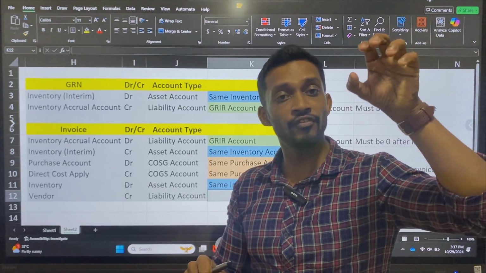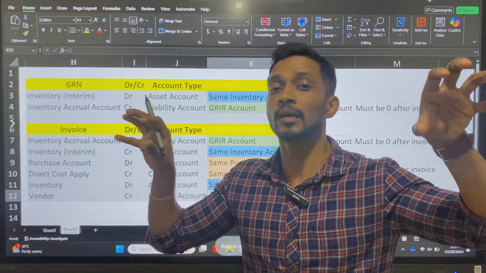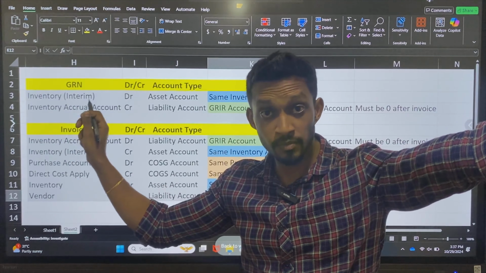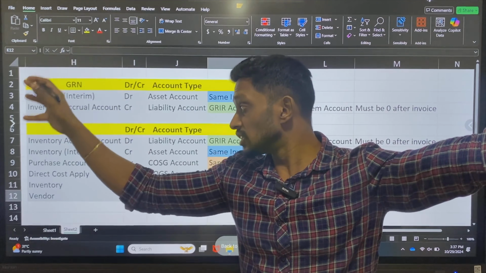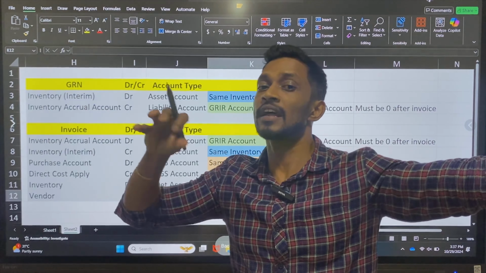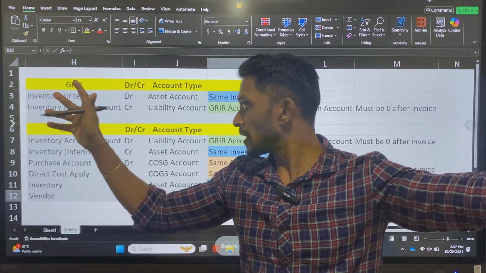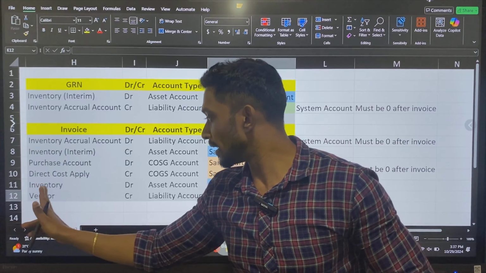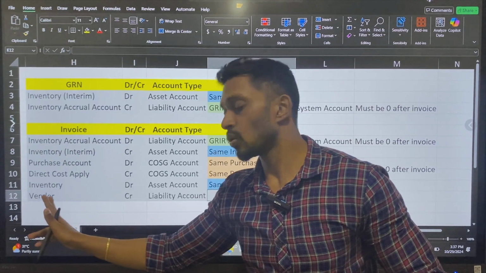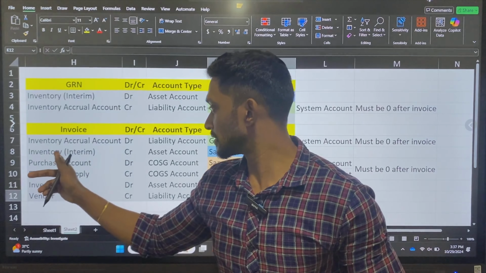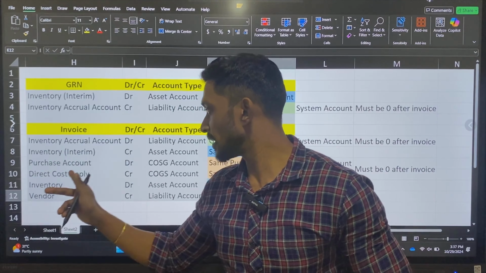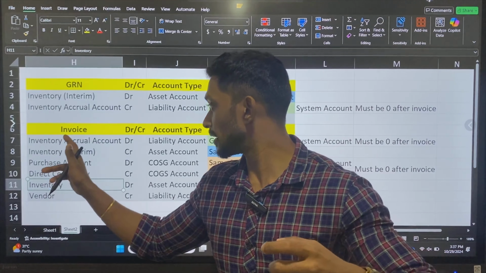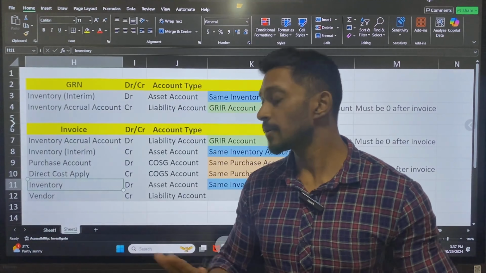If you GRN and invoice separately, at the point of GRN these double entries happen, but once you post invoices for that GRN, these accounts become zero, and that value goes to the inventory account and the vendor account. The inventory account gets credit, it goes to the main inventory account, and the accrual account gets debit, it goes to the vendor account.